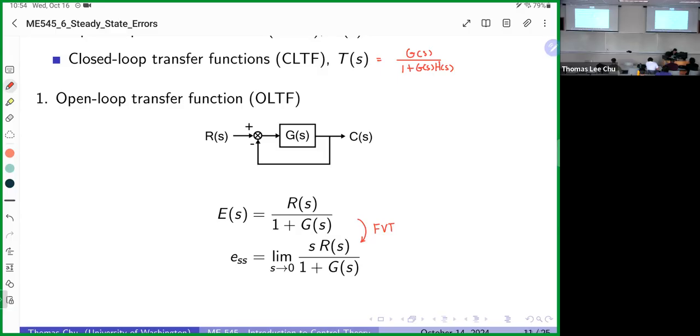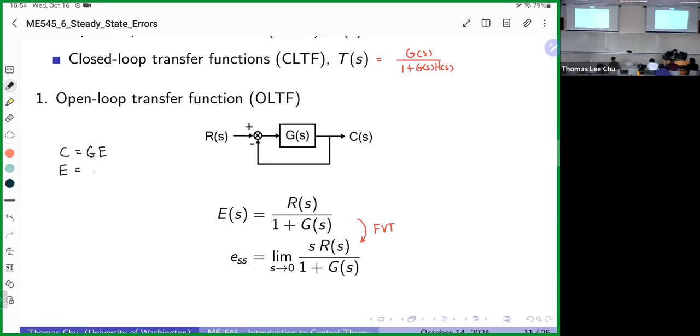The way they derive that, I'll just do a quick derivation. C is equal to G times E. So output C is equal to G times E. And then E is equal to R minus C. Then you plug this back in. Oh, my bad, so it should be the other way around.